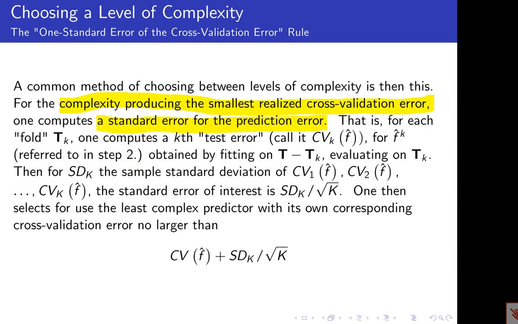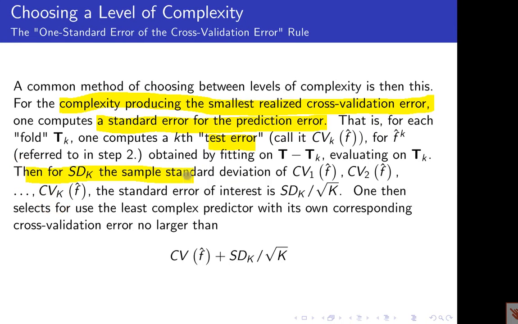Now, what does that mean? That means that for each fold, I compute a test error for the fitting with that fold left out, and make a standard deviation of those.